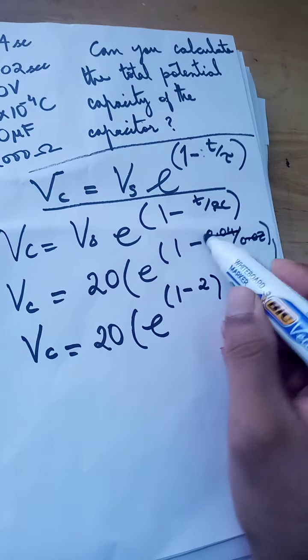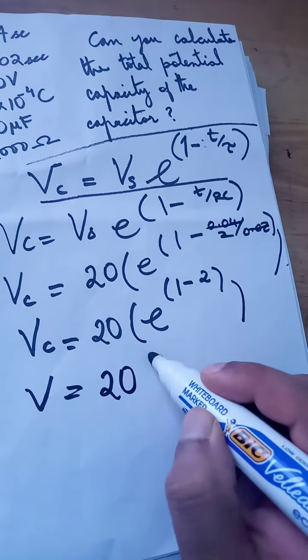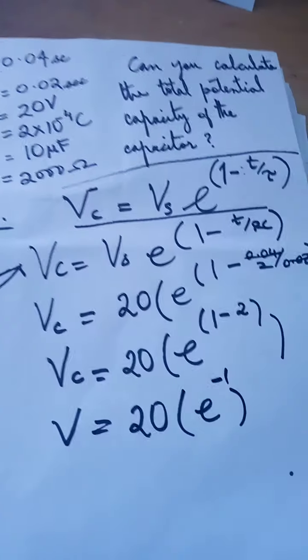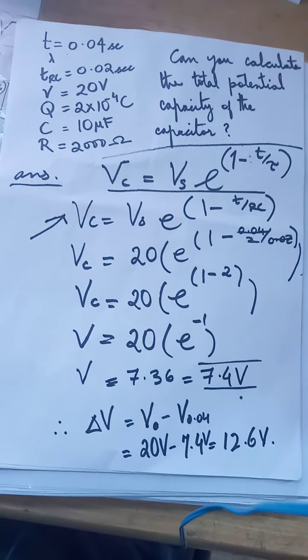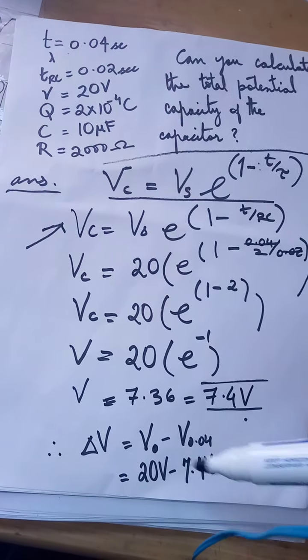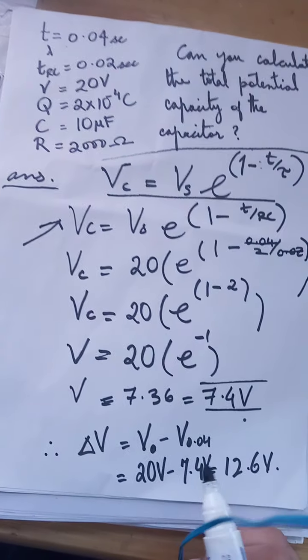Yep, 2. So that'll be minus 1. So that'll be the answer. So 7.4, and then the delta voltage would be 12.6.